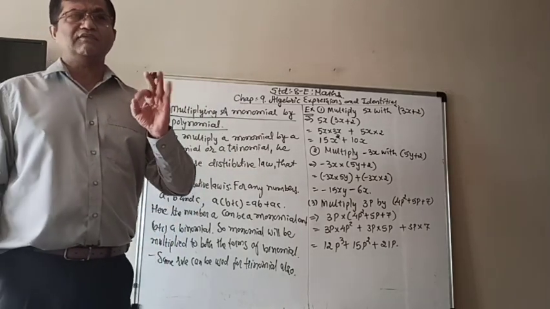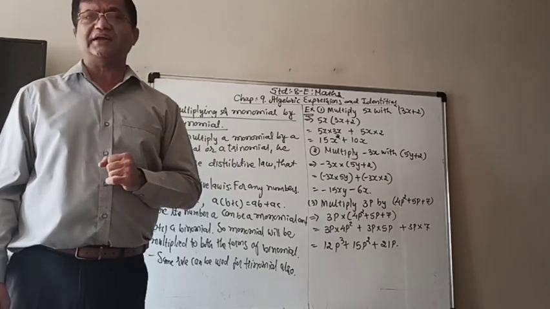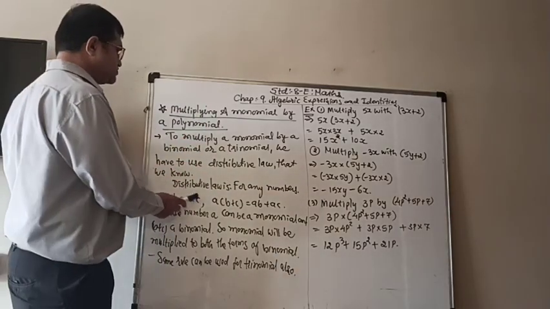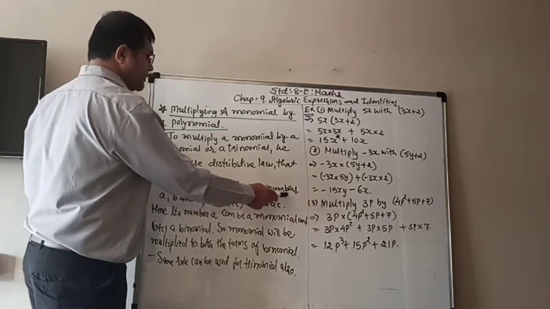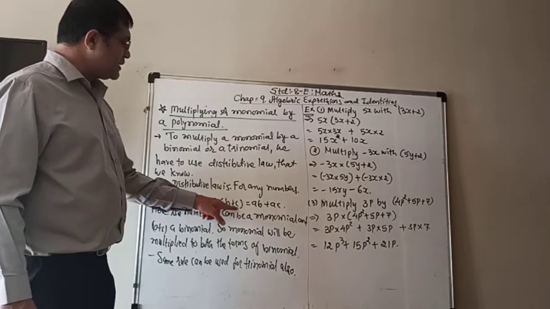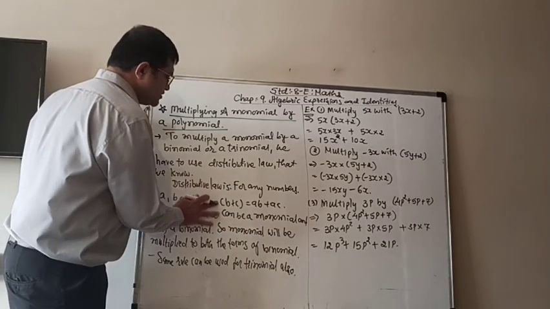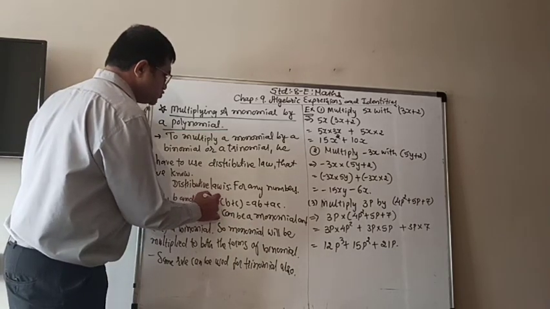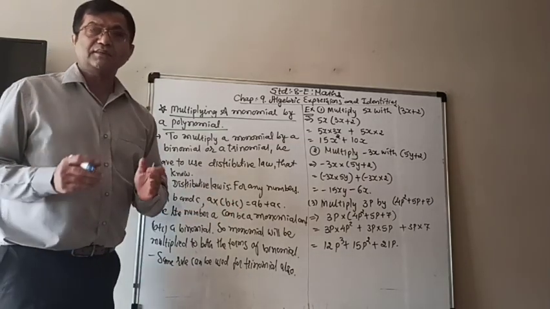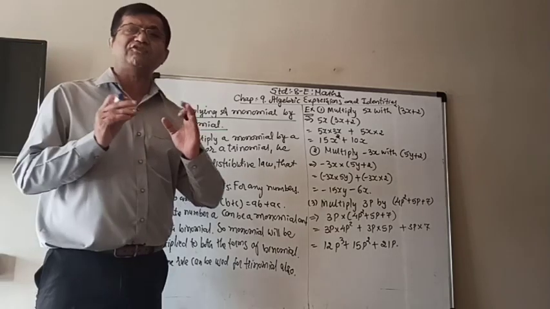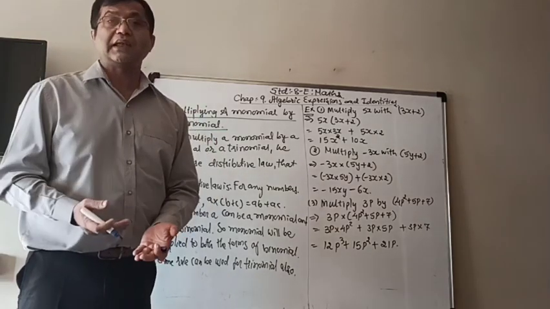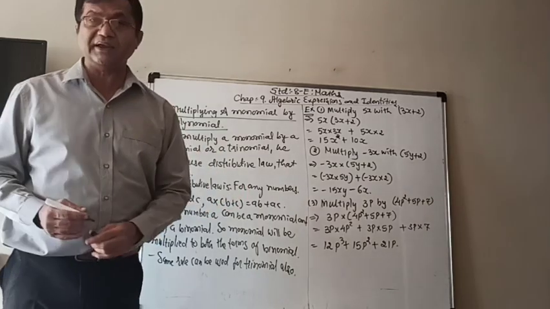We know that when three numbers are there, A, B and C, we know the distributive law: for any numbers A, B and C, A into bracket B plus C, here into means multiplication. So A multiplied by B plus C. Whenever the number is outside the bracket with multiplication, that number is multiplied by both the numbers in the bracket.